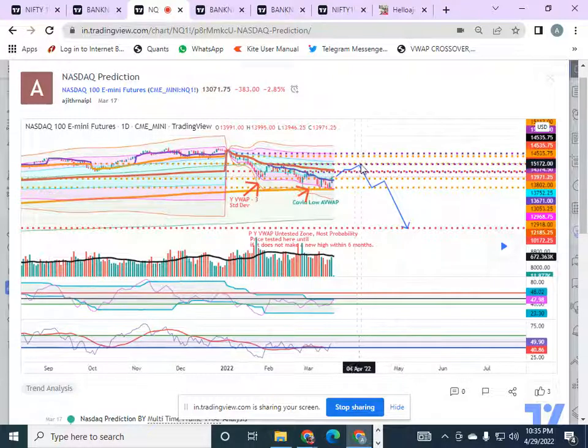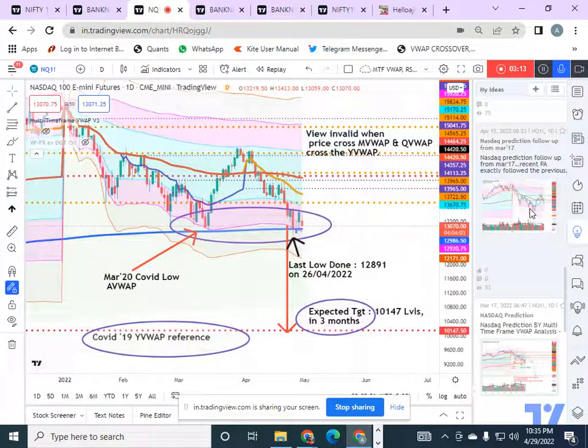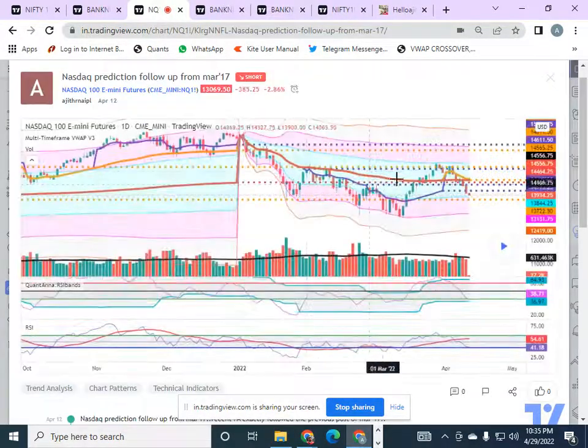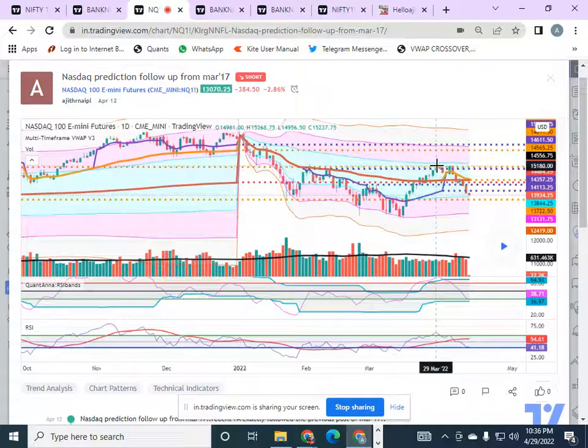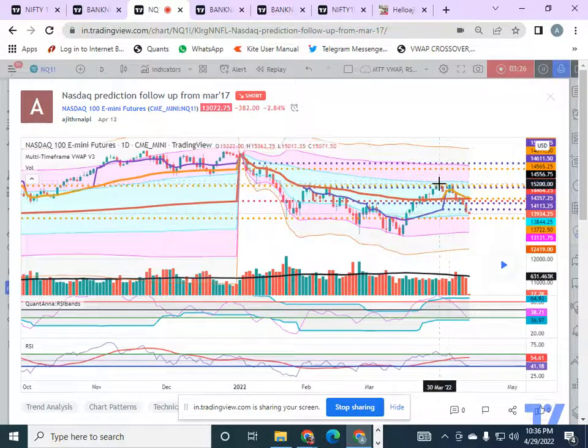Maybe 15,200 came because it is one of the previous month VWAPs, and it is a virgin monthly VWAP also. So price exactly followed that pullback level. The pullback was around March 29, and then the downfall continued. This happened on March 29, and I posted the chart on April 12.